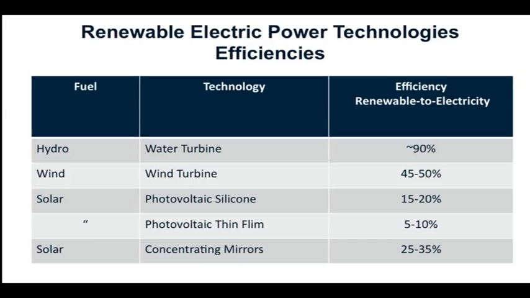And then the solar thermal, I mentioned the concentrating collectors, the power towers, or the troughs that we looked at and talked about the technologies there. Those will convert about 25 to 35% of the solar energy to electricity, and again, it goes through the steam cycle, which limits it to about 35% because of some second law of thermodynamics limitations, as well as the practical limitations of materials and friction and things.